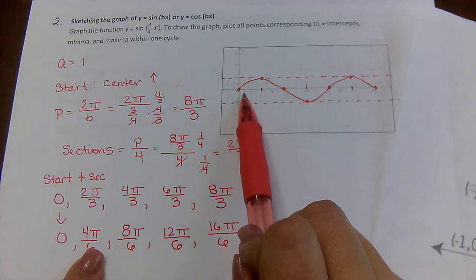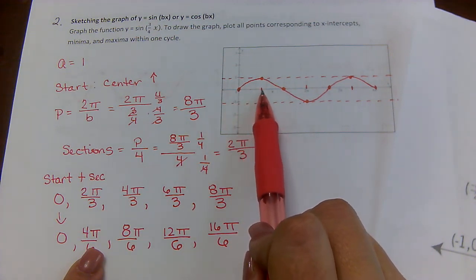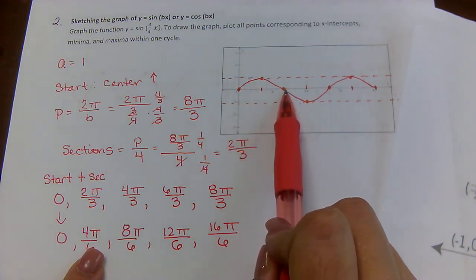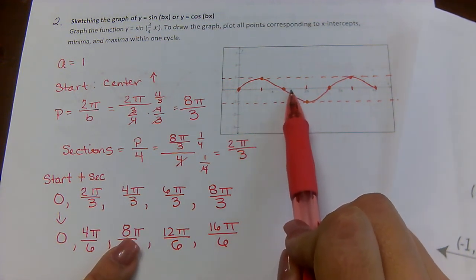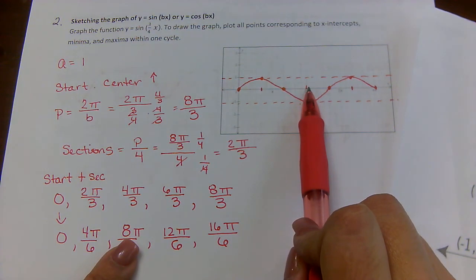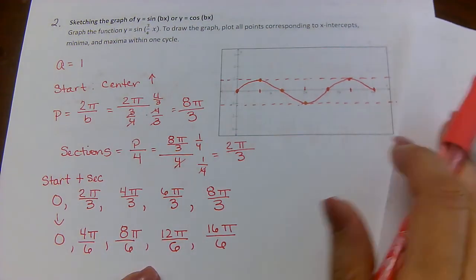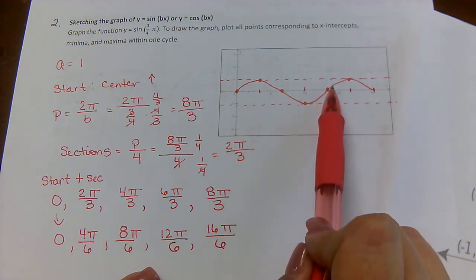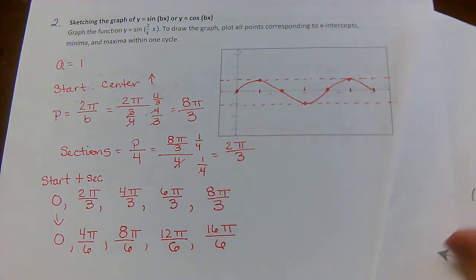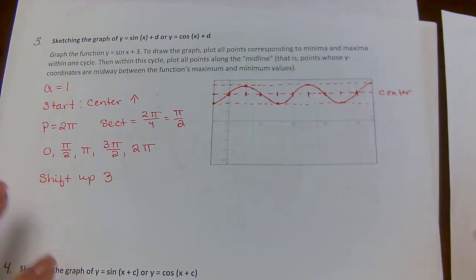So starting here, 1, 2, 3, 4, major point. 1, 2, 3, 4, major point. 4 plus 4 is 8. Plus 4, 1, 2, 3, 4, there's our next major point, and so forth. Okay. So if we start at the center, we're going to the top, center, bottom, center, and then I did a few more.